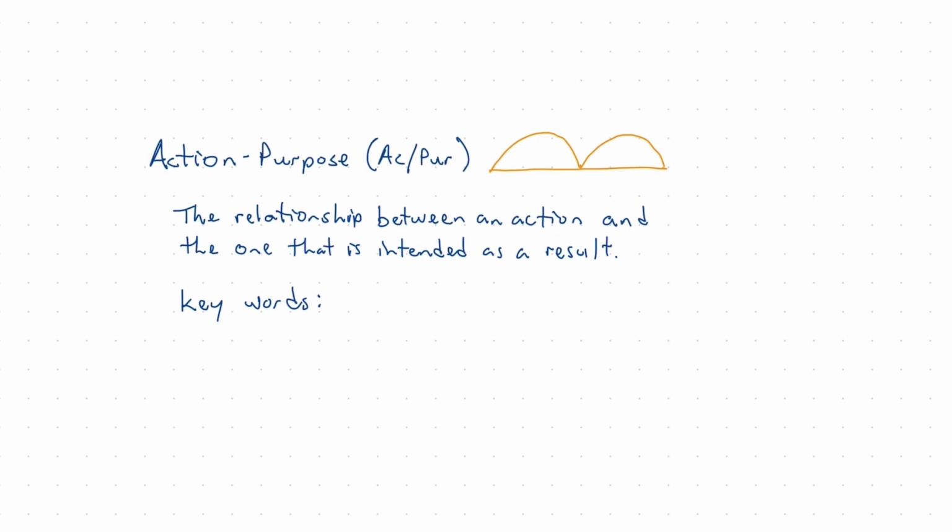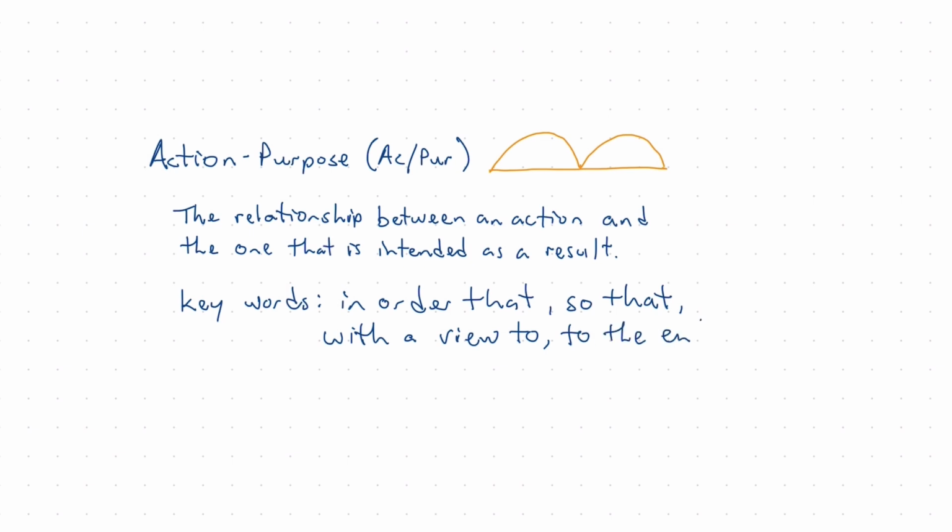For action and purpose, the key words that we're looking for here are words like in order that, or so that, or with a view to, or to the end that, or even a word which doesn't get enough spotlight, lest.